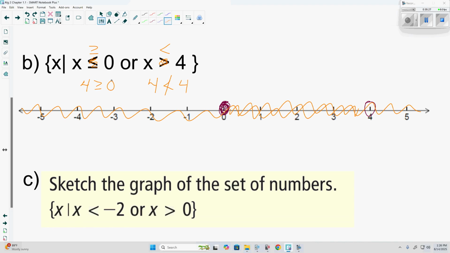Is 4 bigger than 0? So is 4 greater than or equal to 0? Yes, isn't it? So this is a true statement. With or, one has to be true. So even though 4 does not satisfy the x is less than 4, since it does satisfy our x is greater than or equal to 0, it works. It is included. Because or, one of them has to be true.